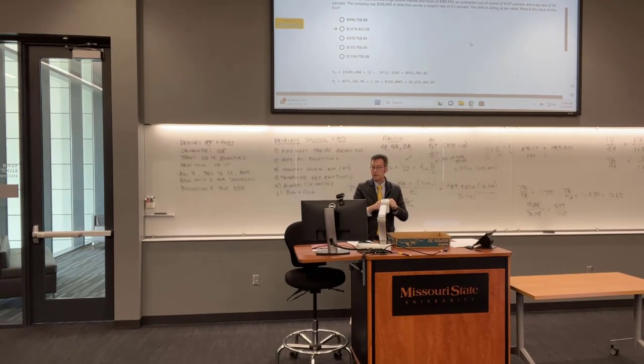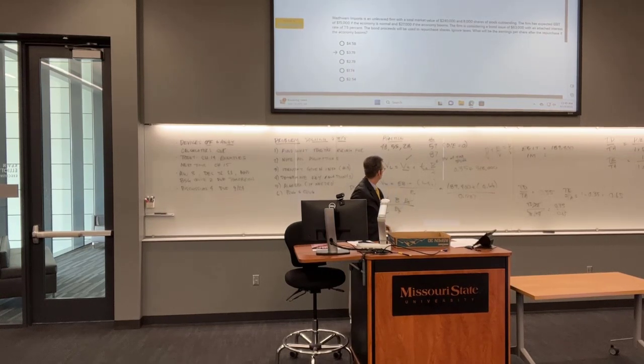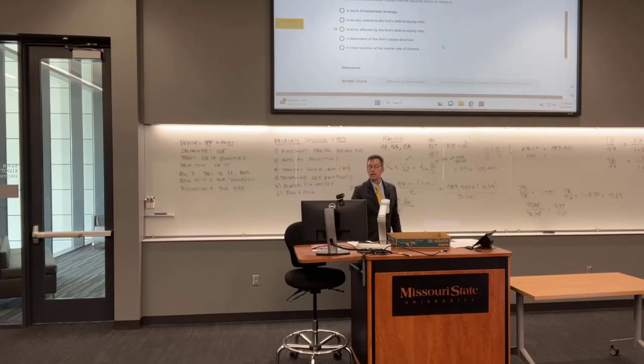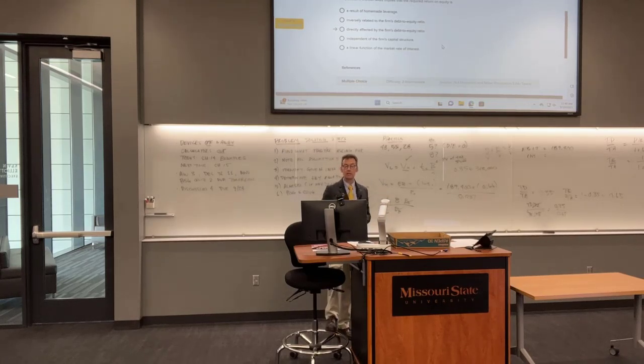Okay, let's go ahead and try to knock out those practice questions. And let's start with number 28. Proposition 2, without taxes implies that the required return on equity is it a result of homemade leverage?